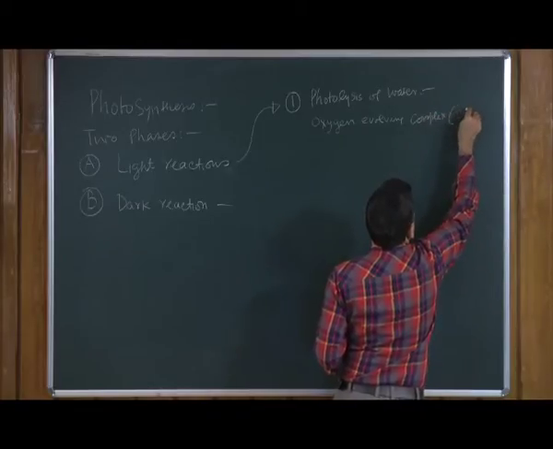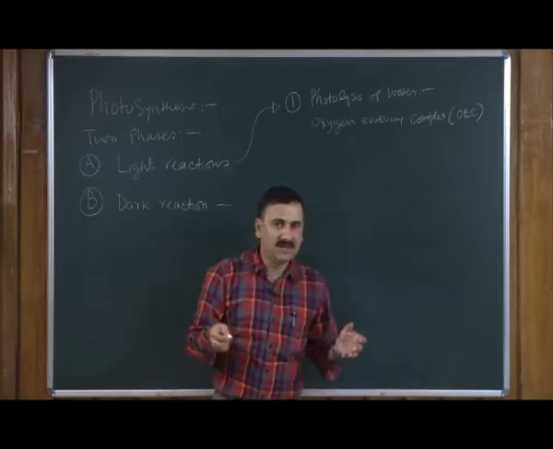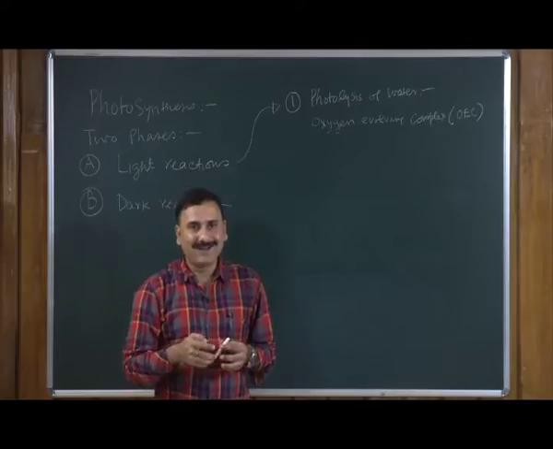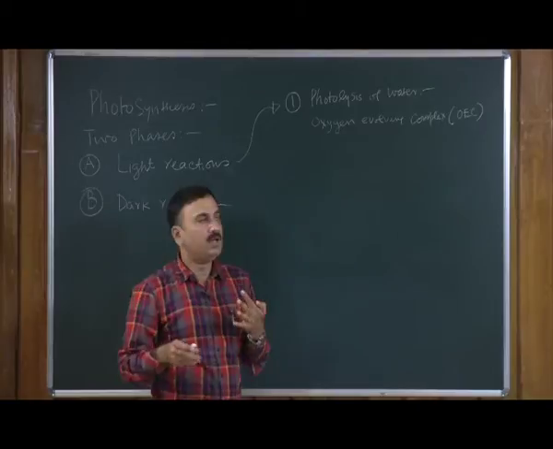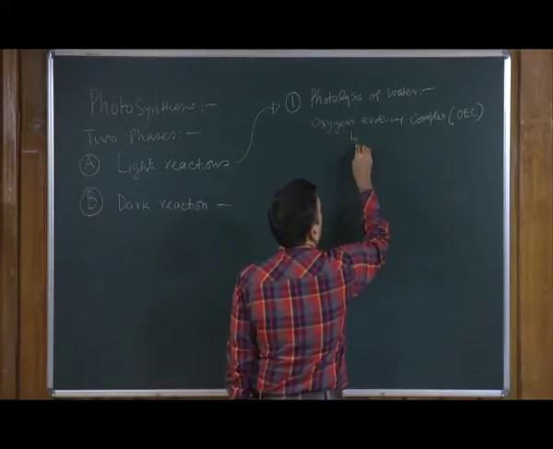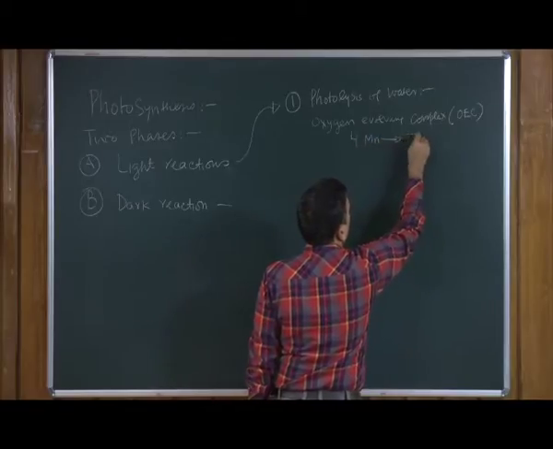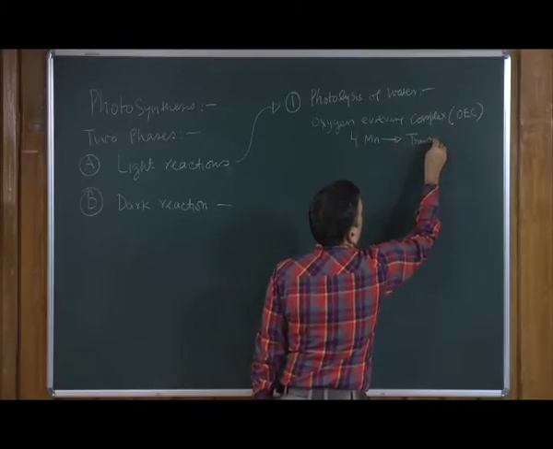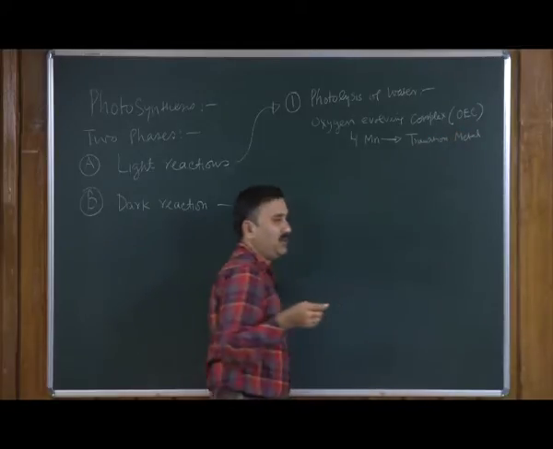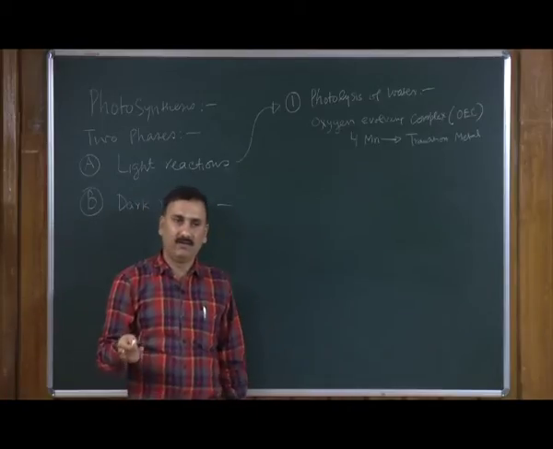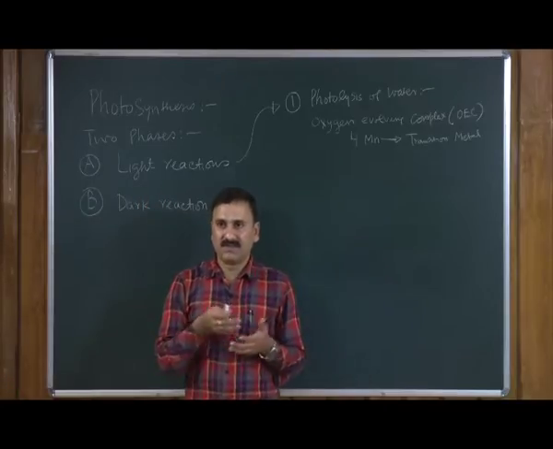It is called OEC. The oxygen evolving complex is an enzyme which contains manganese at its active site. It contains four molecules of manganese, and manganese is a transition metal, and you know that most transition metals can vary their valency or transition states.